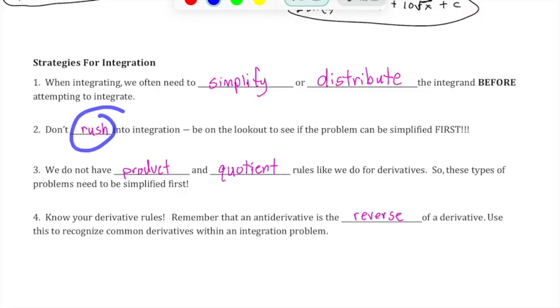Always make sure, don't rush. Always check it to see if it can be turned into a better form. And just like I mentioned before, we don't have product or quotient rules for integration. If you're getting stuck, remember, reverse the integral rules or the reverse of the derivative rules.